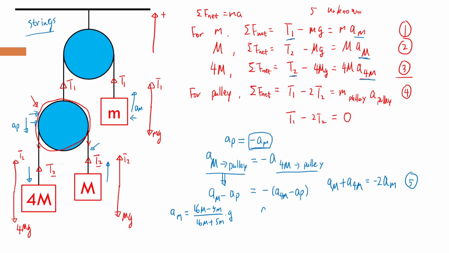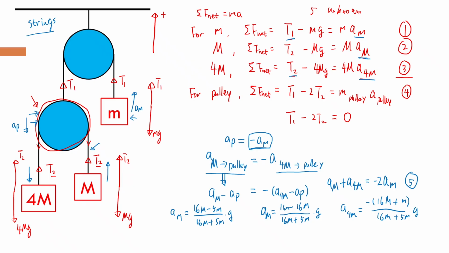For M, its acceleration is 11 small m minus 16M divided by 16M plus 5 small m times g. And for 4M, its acceleration is minus 16M plus small m divided by 16M plus 5 small m times g.